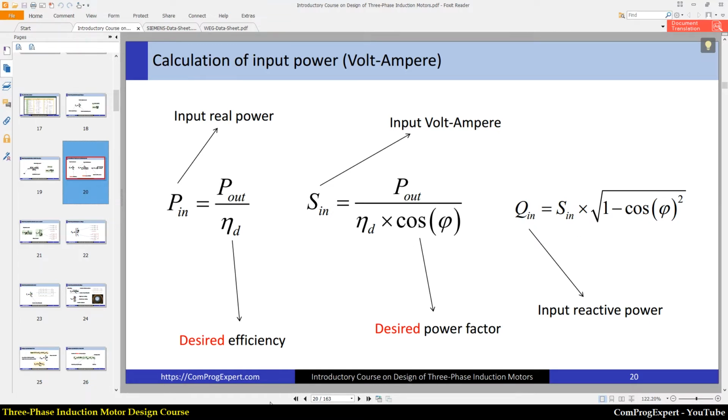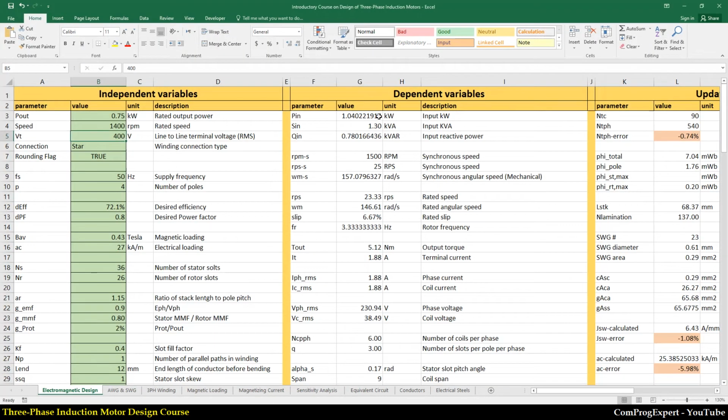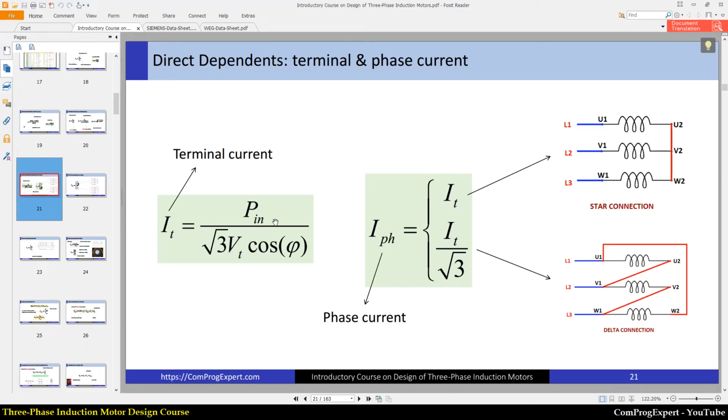So I implemented these equations here. You can see the input power, input kVA, and input reactive power. And also here you can see the units and values. So when we have the value of input power, we can calculate the line current, terminal current, right?